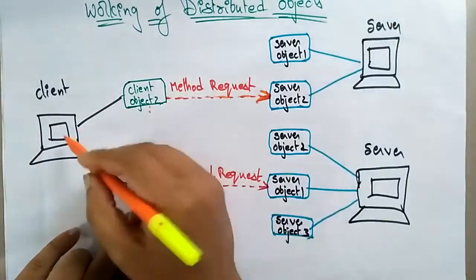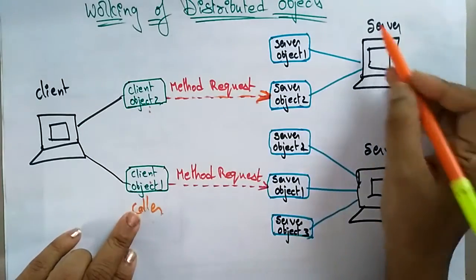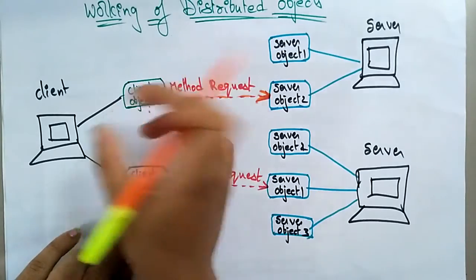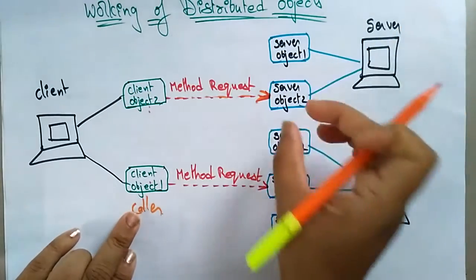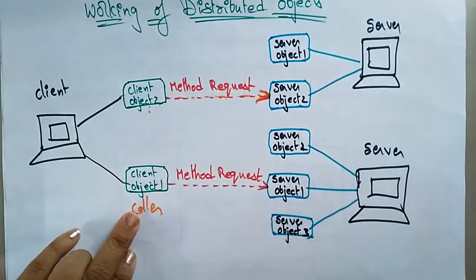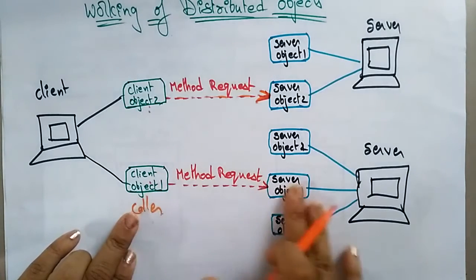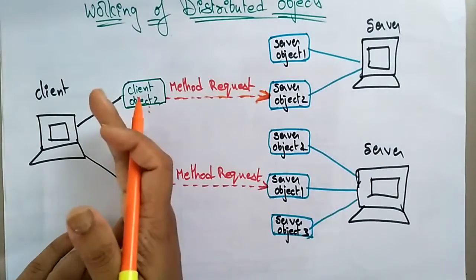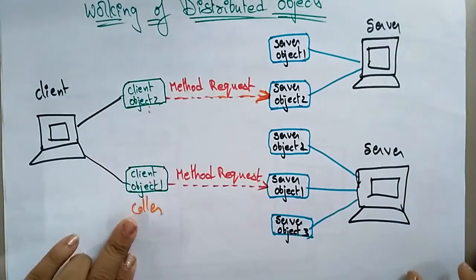Whatever the client asks for, only that particular module will be sent to the client. Whether it is object 1 module, object 2 or object 3, the request is only sent to that particular object present at the server. Then the server will send a reply to the client.